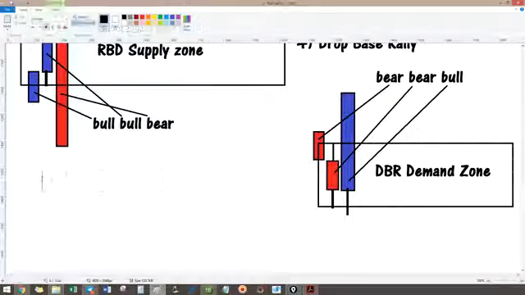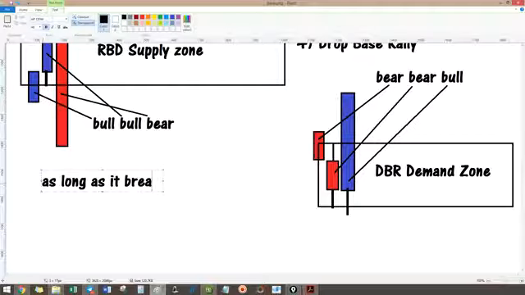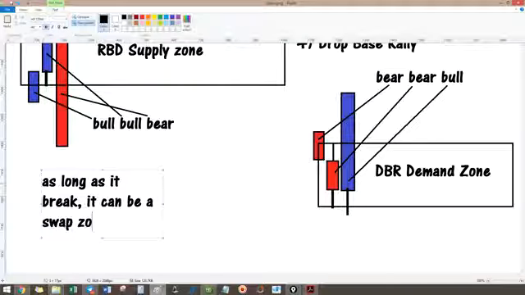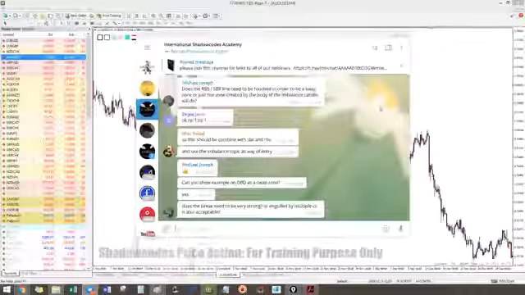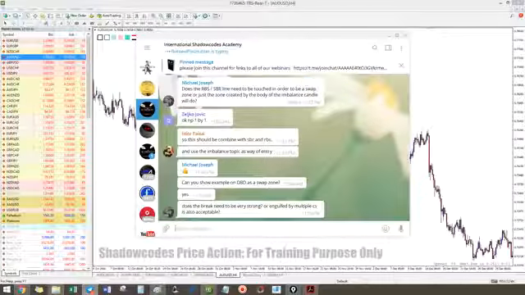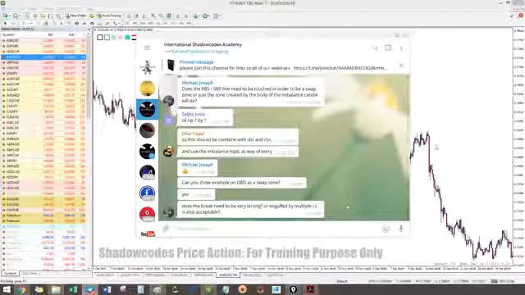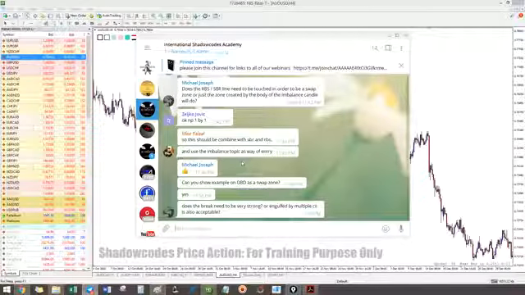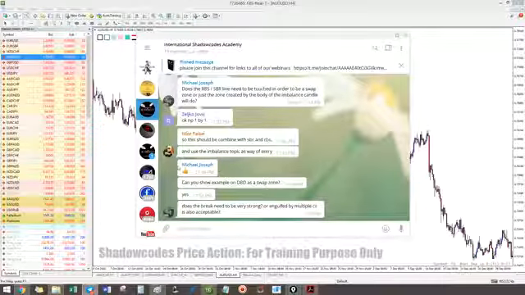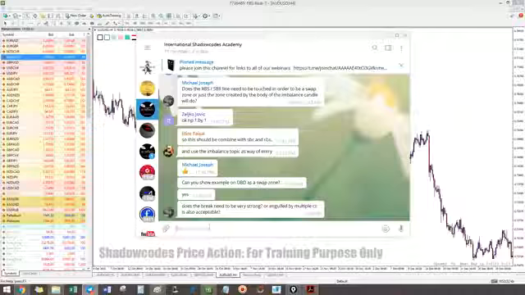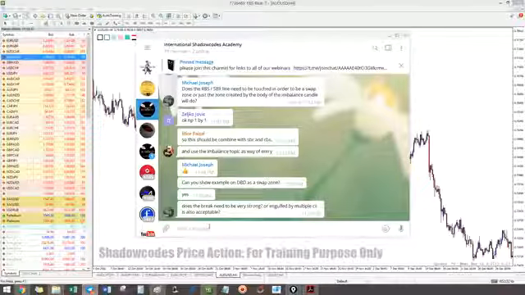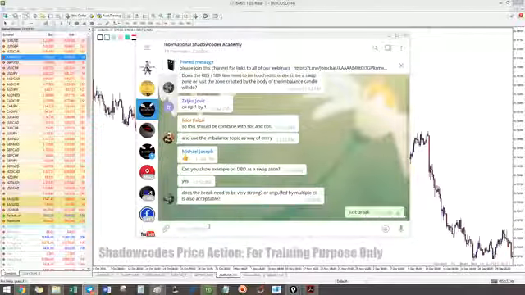Okay, I will write this down. As long as it breaks, it can be a swap zone, right? It doesn't matter the way how it breaks. The only thing that matters is that it breaks.